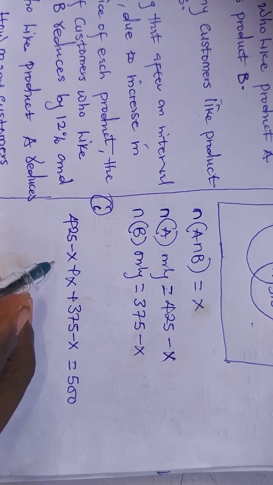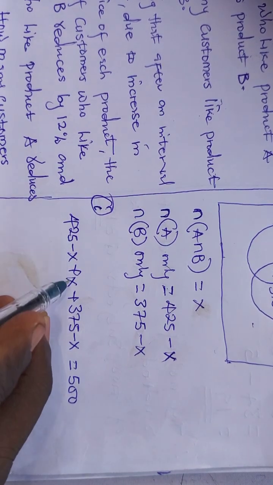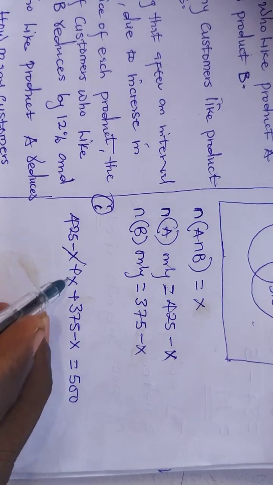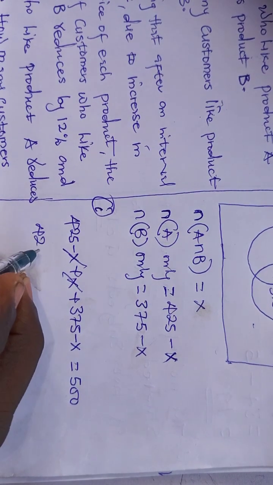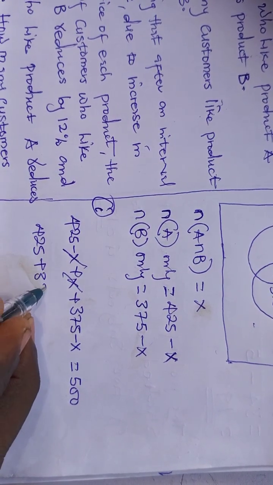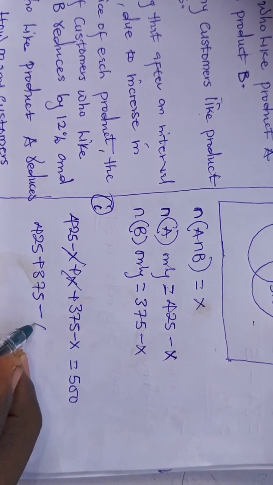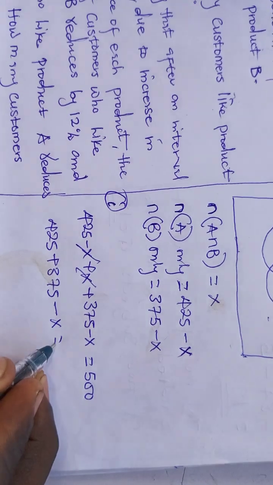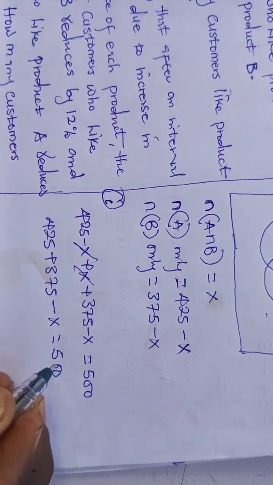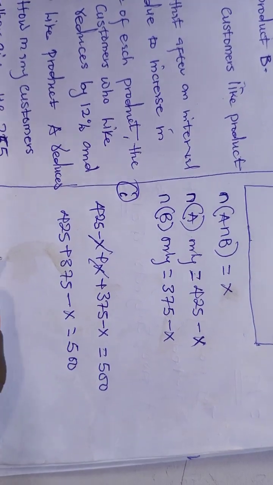So if you check very well from this place, we'll have minus x and we'll have plus x, which can go. So we'll have 425 plus 375 minus x equal to 500.